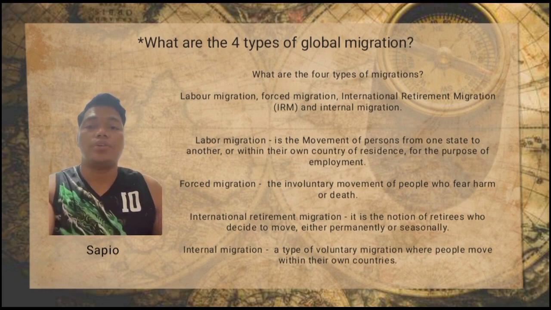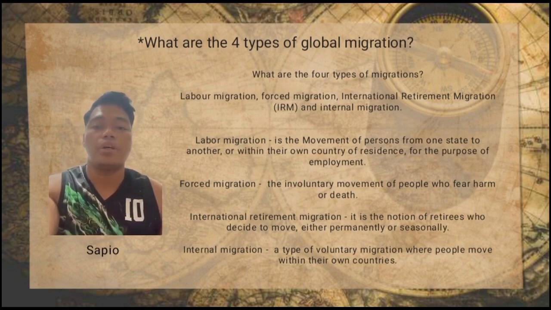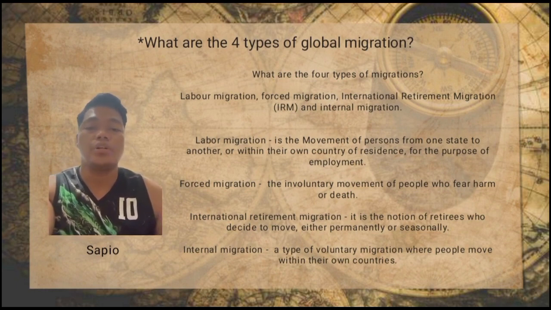Crossing national borders to work is one of the key motivations behind international migration, whether driven by economic inequalities, seeking employment, or both. So, overseas Filipino workers are a good example of labor migration.